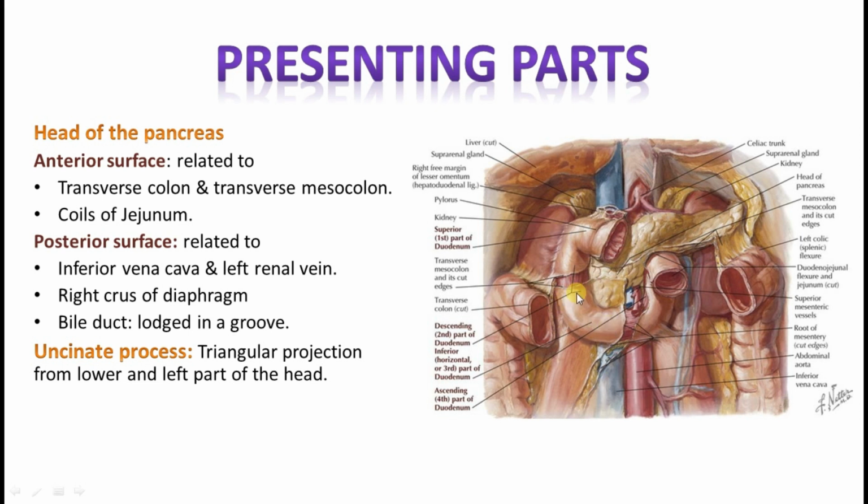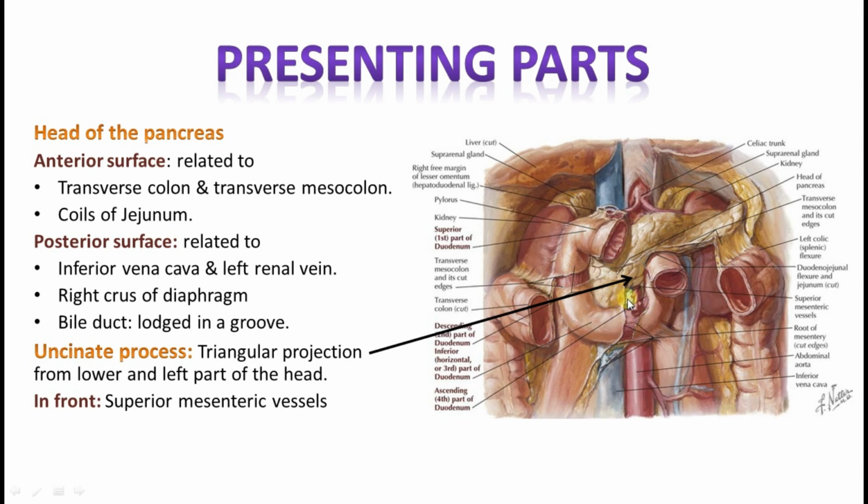The head of the pancreas, lower left part, has a process which is called the uncinate process. This uncinate process is present to the left part of the head, and the superior mesenteric vessels arise in front of it.